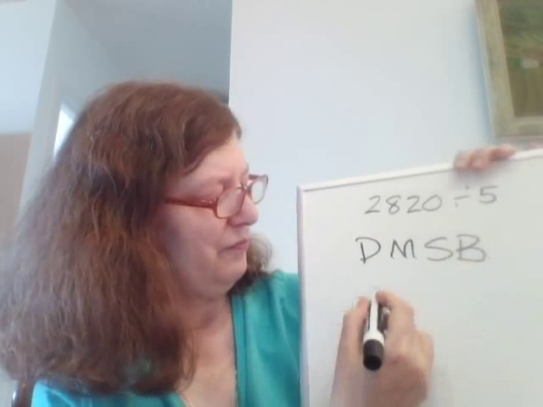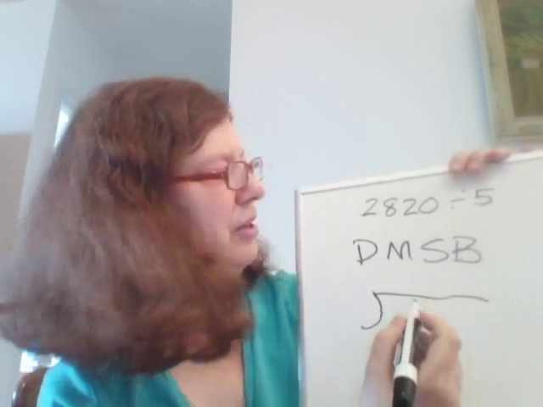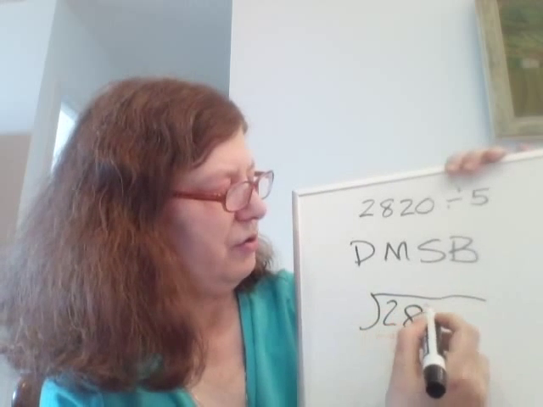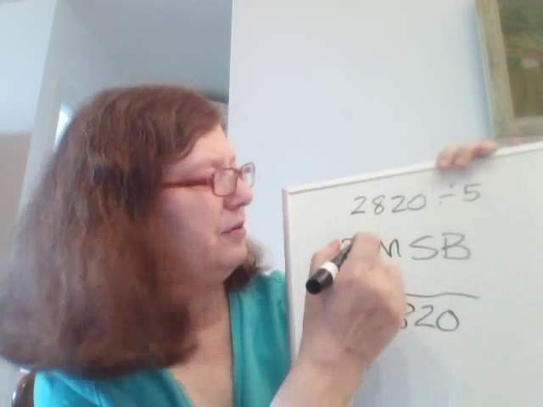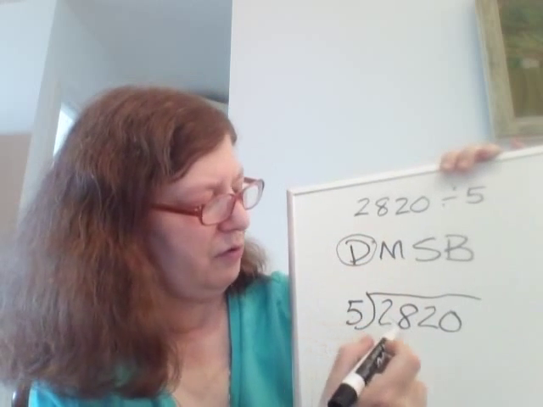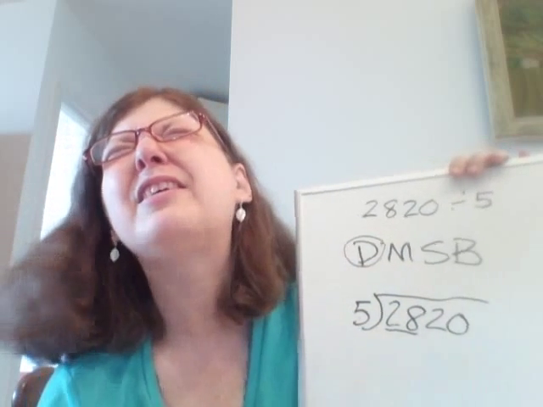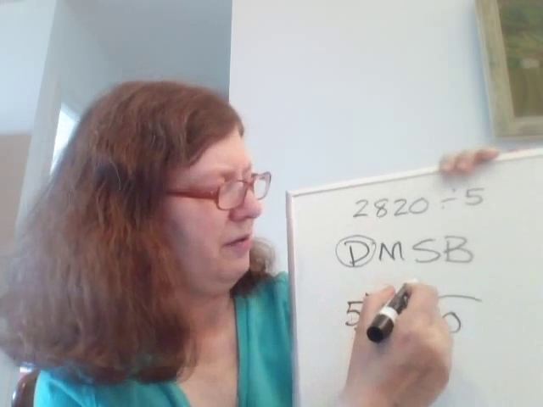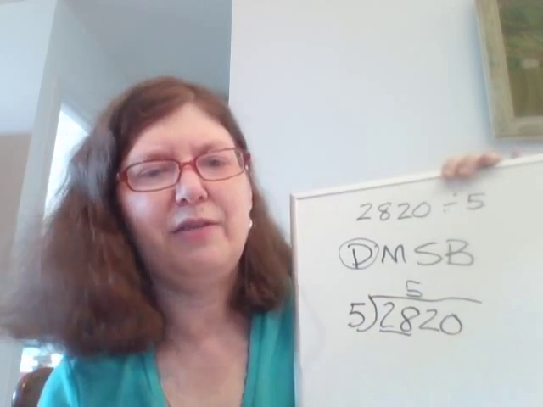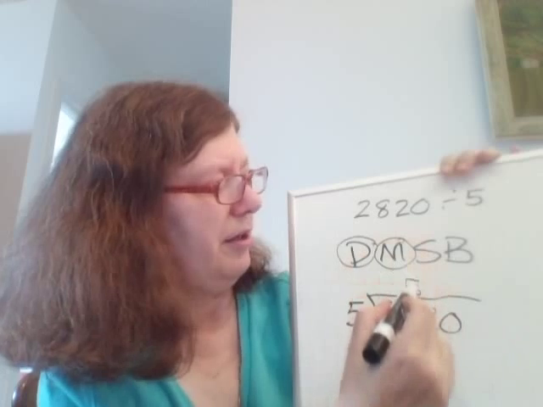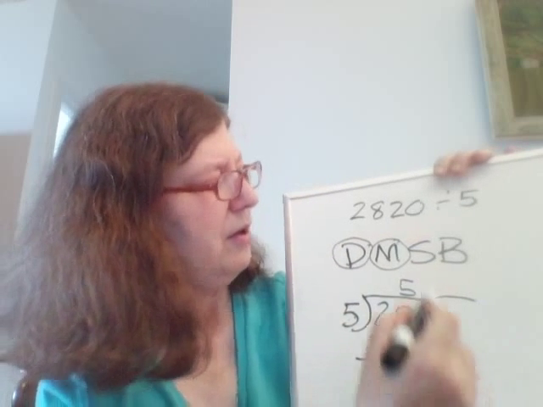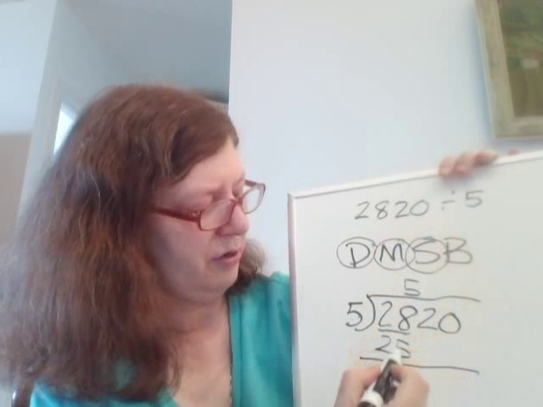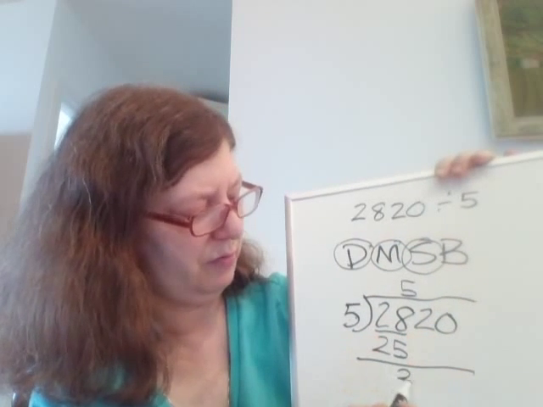Then we go, and hopefully you can see, 2820 divided by 5. Divide. 5 goes into 28. Let's see, 5 times 5 is 25. Put a 5 there. Multiply. 5 times 5 is 25. Subtract. 5 from 8 is 3.